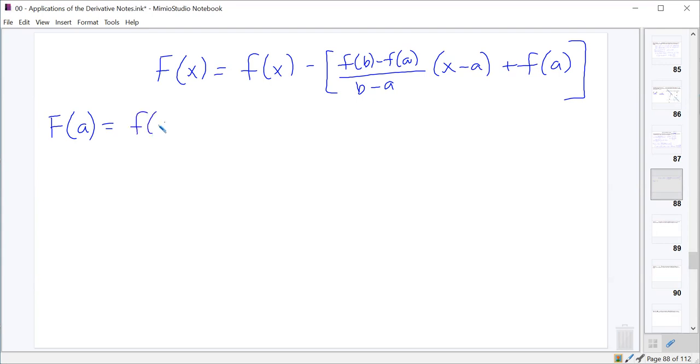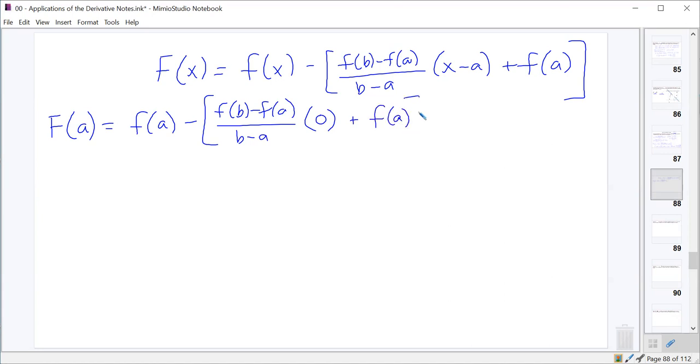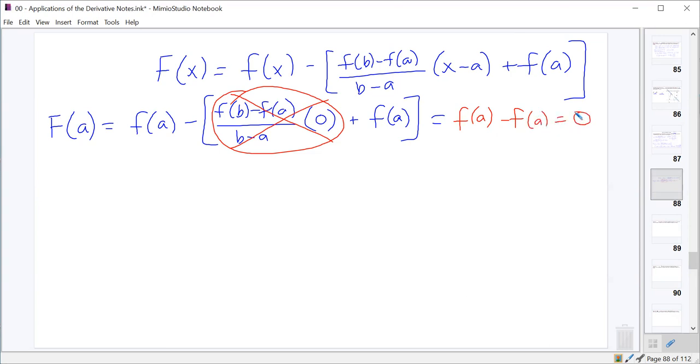So we end up with f of a minus, now this whole thing, f of b minus f of a over b minus a times, well, if x is equal to a, a minus a is 0, then we have a plus f of a here. So effectively, that just eliminates all of this, and it just leaves us with capital F of a is equal to little f of a minus little f of a, which is 0.